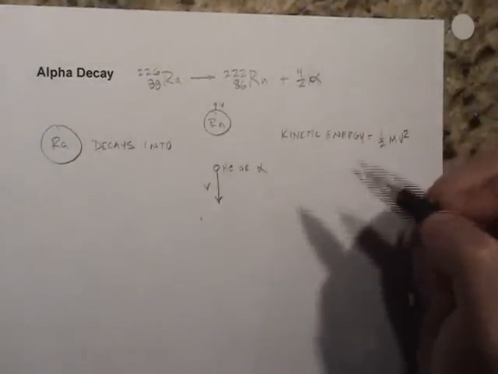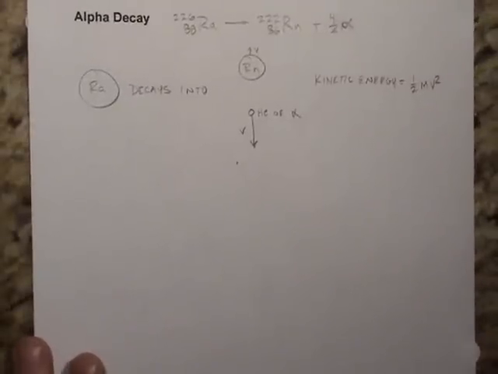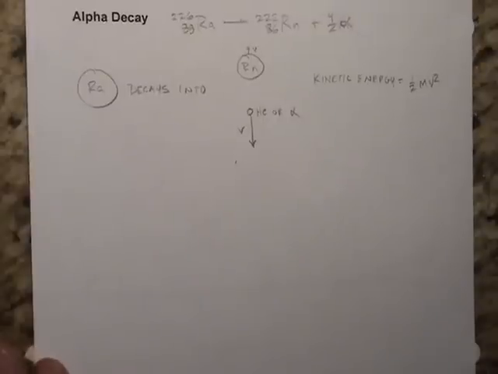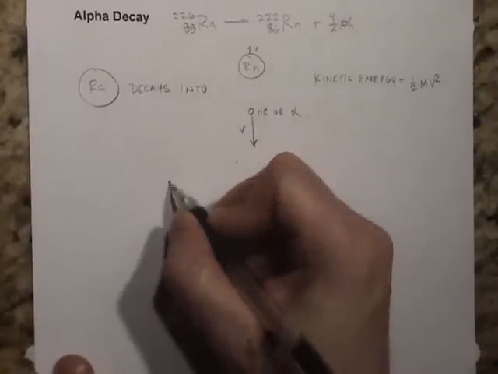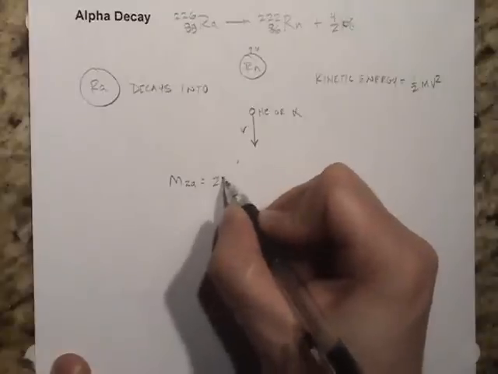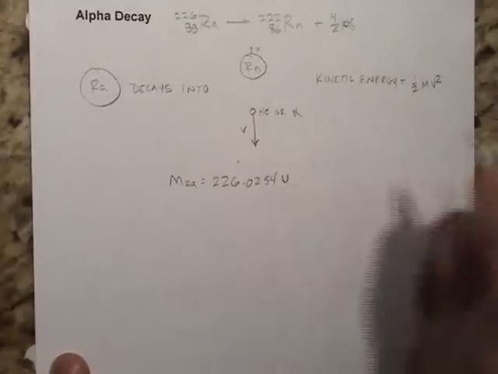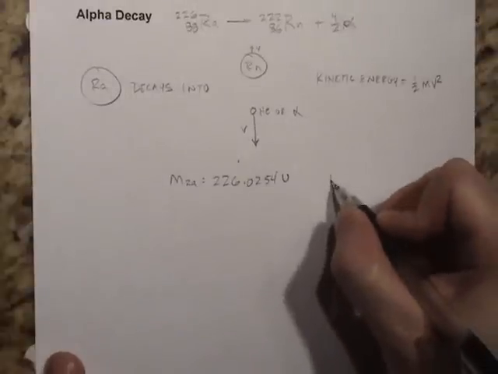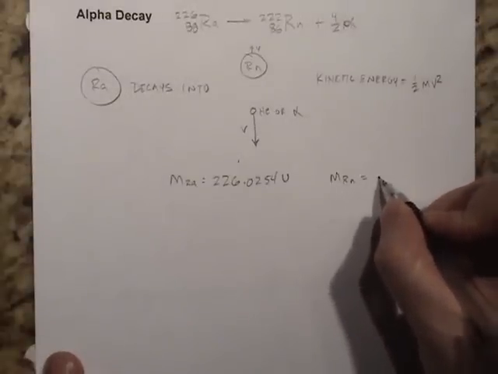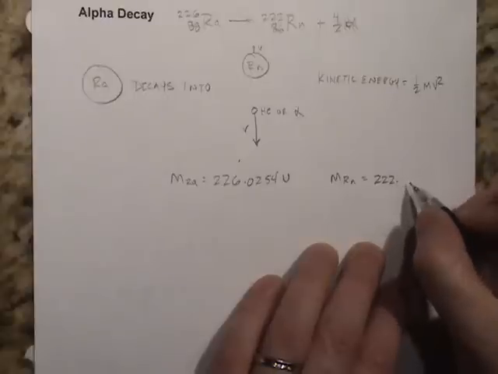So let's take a look at the actual masses of these particles, and let's see how much energy we actually get as a result of this decay process. So it turns out that the mass of radium is equal to 226.0254 U's, and the mass of radon is equal to 222.0176 U's. This is all from the table in the back of the book.